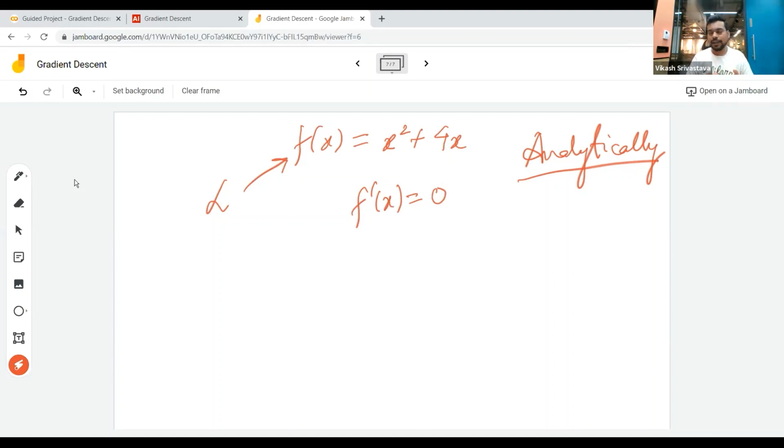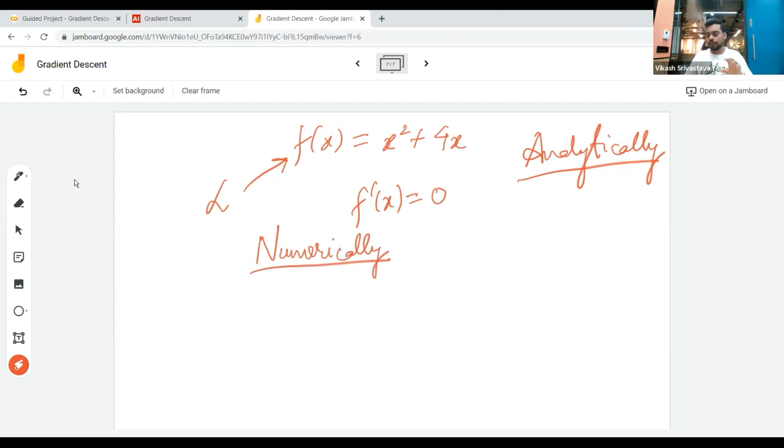But in reality, a lot of the functions which different ML algorithms try to learn are not solvable analytically, or it could be a lot arduous or tedious for us. So what we can do is try to solve them numerically.